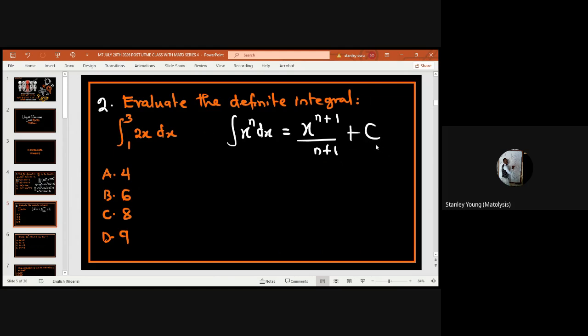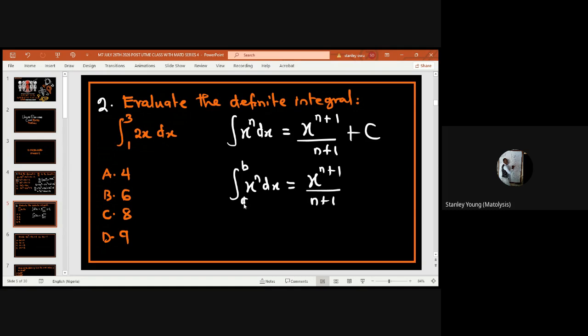Now in a situation where you have an upper bound and a lower bound, like the integral of x raised to n with respect to x, you still carry out the same integration, x raised to the power of n plus 1 over n plus 1.